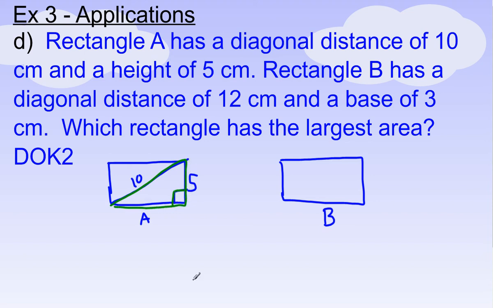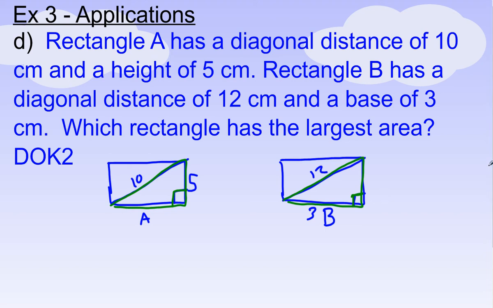On the other side, rectangle B has a diagonal distance of 12 centimeters and a base of 3. Obviously my picture's not to scale, but you get the idea. Again, a right triangle, diagonal distance, this side. The right angle makes a right triangle, which means for both of these problems we can use the Pythagorean theorem.